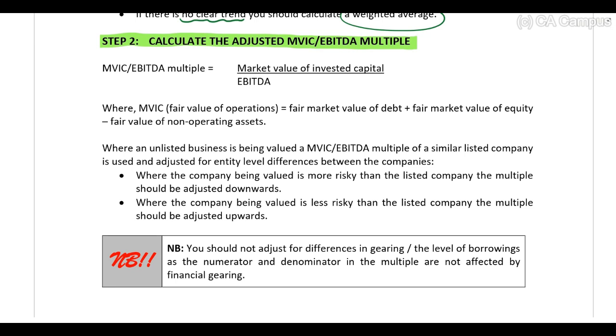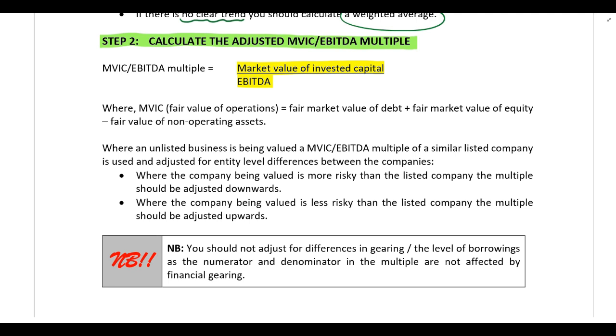So either they are going to give you the multiple of a similar listed company or you need to calculate the multiple. If you have to calculate the multiple, the calculation comes directly from the name. We take the market value of invested capital and we divide by earnings before interest, tax, depreciation, and amortization.